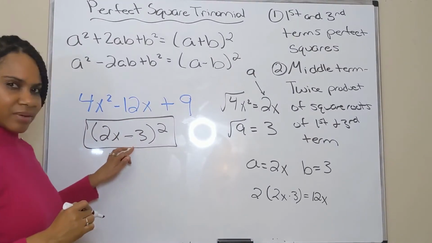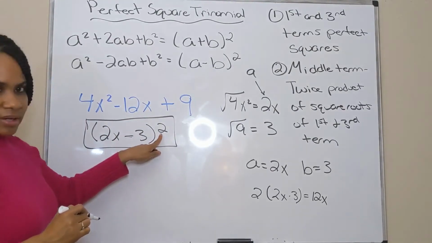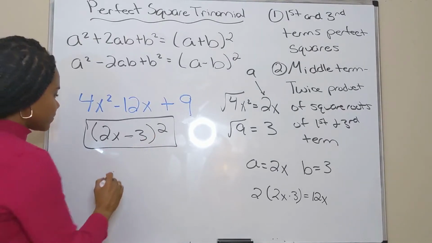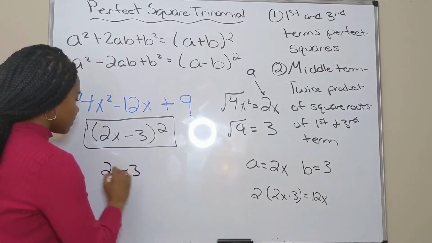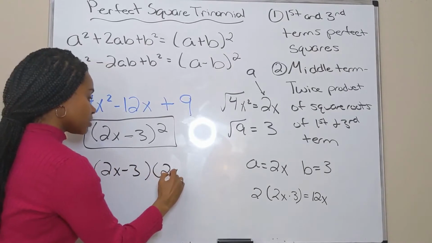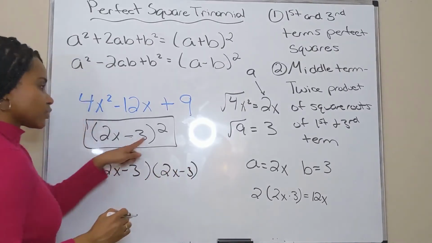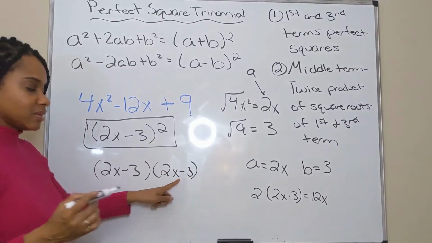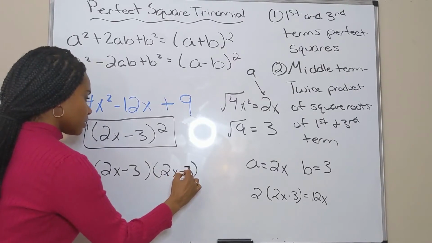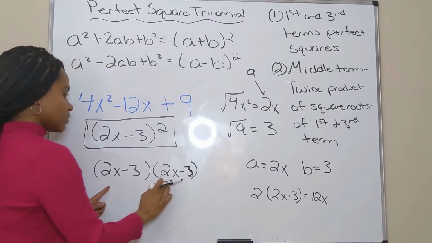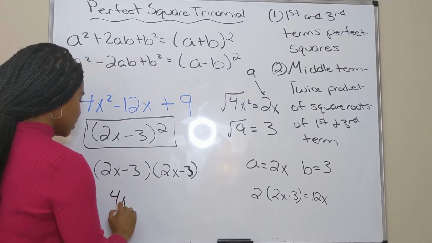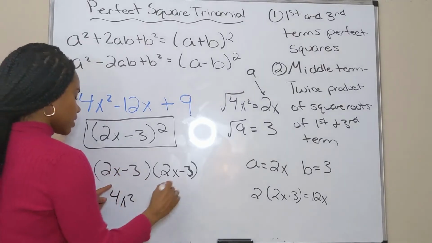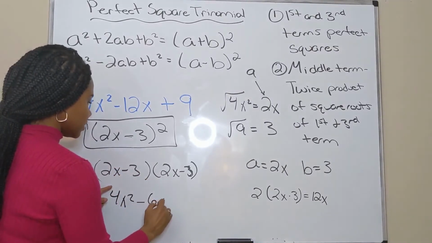How can we check it? Since this is squared, I could multiply it back through. I could write it twice, because 2x minus 3 squared, you're multiplying it by itself, right? So we could check it. 2x times 2x, 4x squared. 2x times negative 3, negative 6x.